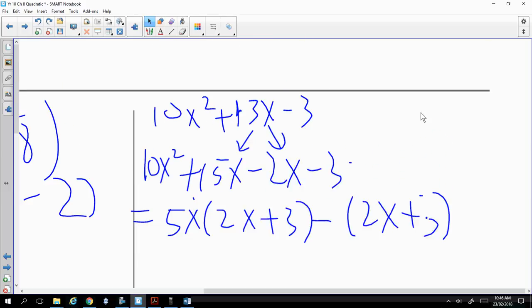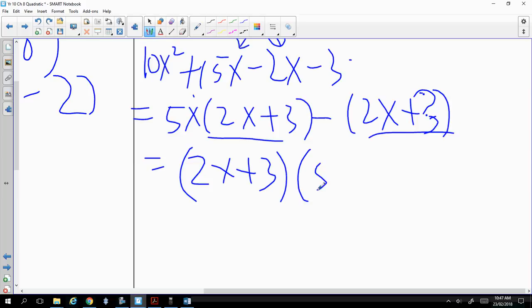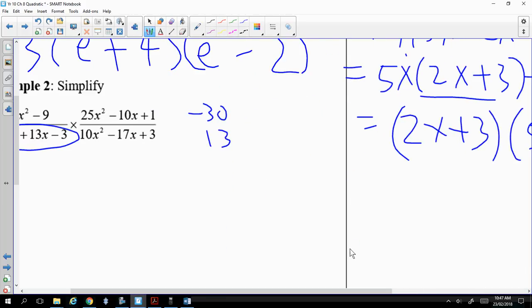Okay, let's continue. Okay, and then you take out common factor, which is 2x plus 3. 2x plus 3, and then you go 5x minus 1. Right? Alright, and then we have to factorize the next one, which is the 25x squared minus 10x plus 1.